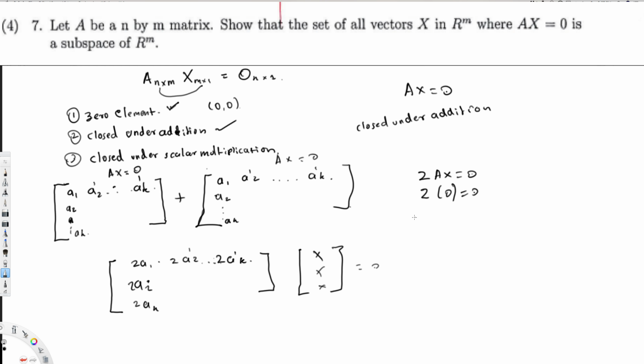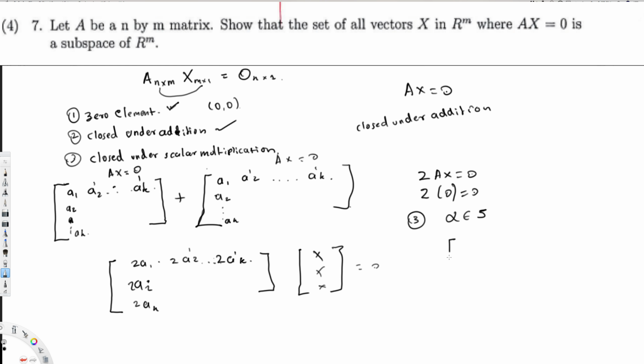To prove it's closed under scalar multiplication, we have to take a scalar value. Let's say alpha is our scalar quantity. If alpha belongs to S, then first of all we know Ax is 0.